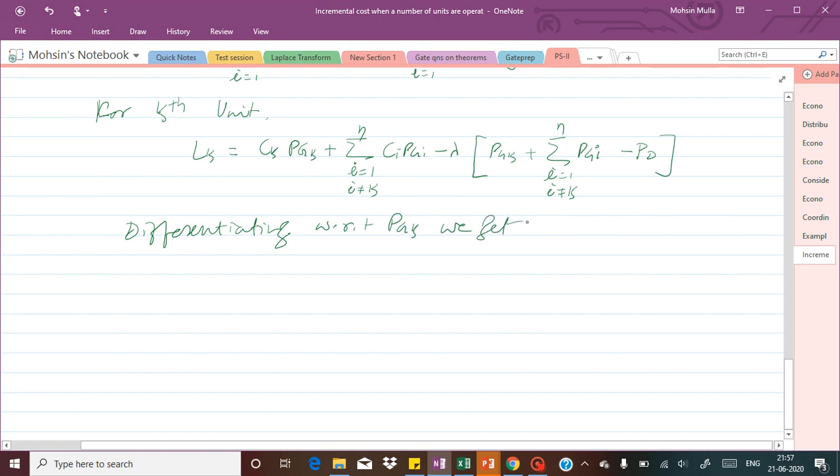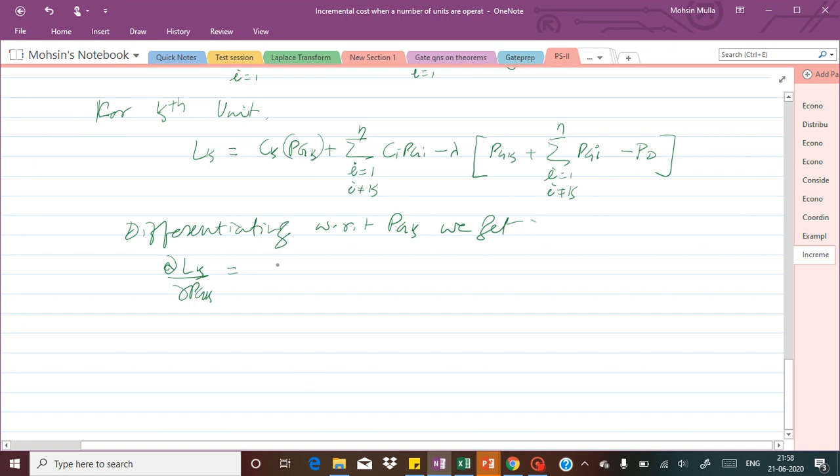So dou Lk by dou Pgk equals, here Pgk we can directly substitute in terms of the expression we already know, which is Ck of Pgk.